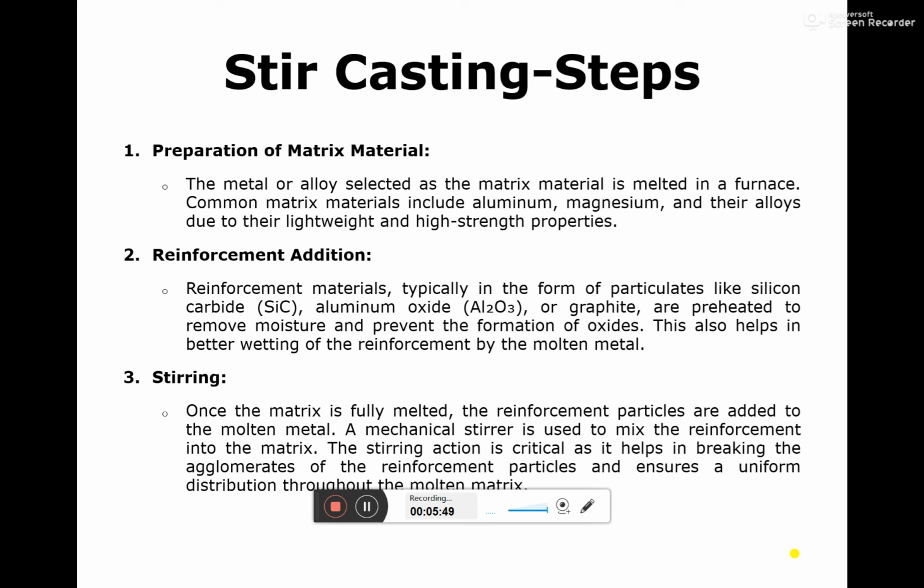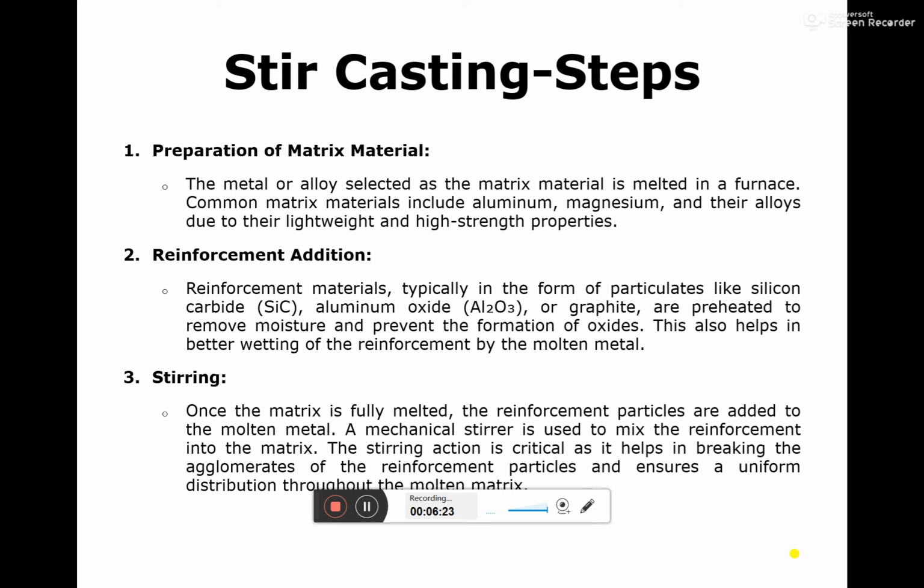Once we add these particles, we have to thoroughly mix the reinforcement into the metal matrix. That's why we perform the stirring action. There will be a stirrer in the stir casting machine, and we perform the stirring action. This stirring action is very important in the stir casting process.